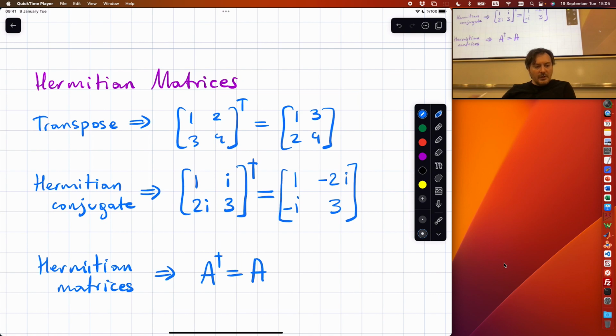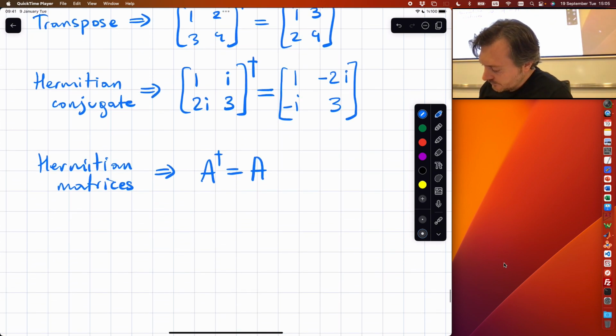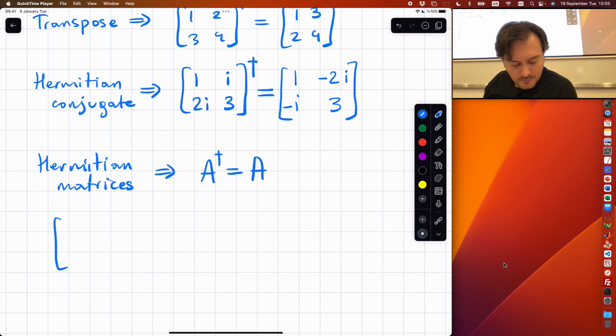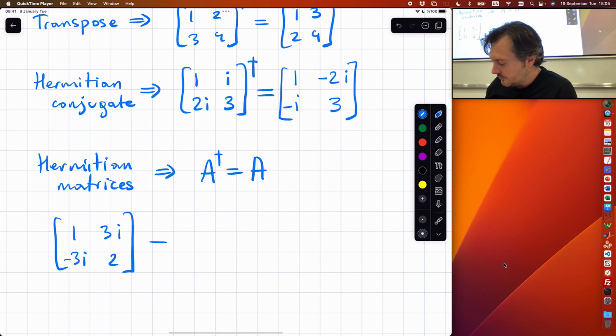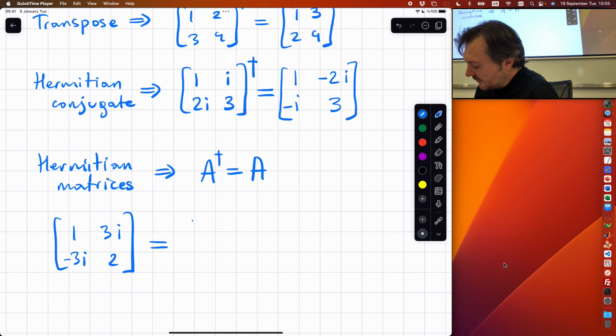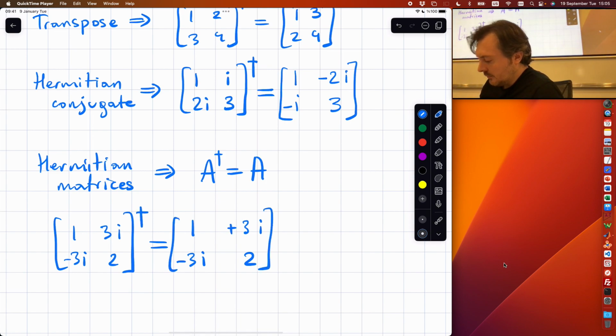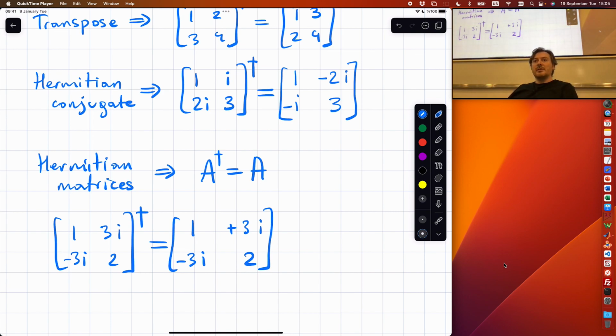Let me give you an example: 1, 3i, minus 3i, 2. What do you get? Let's take the transpose: 1, minus 3i, 3i, 2, and then conjugate, so you get the same thing. Do you see? This matrix is Hermitian.